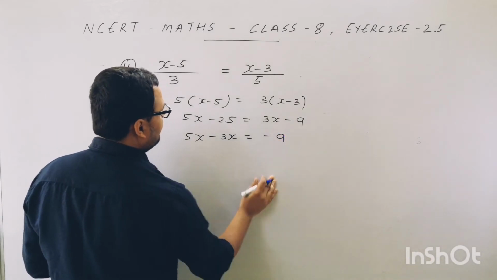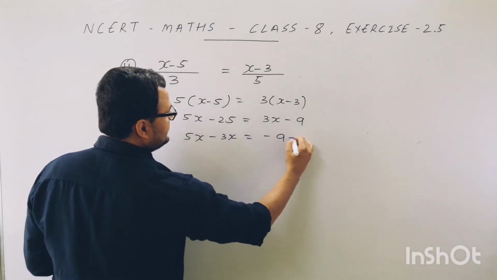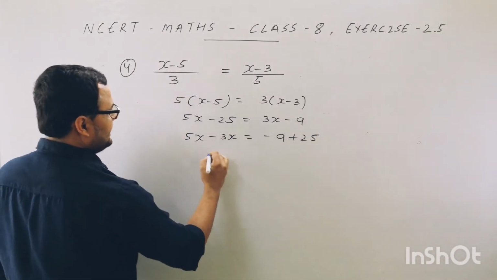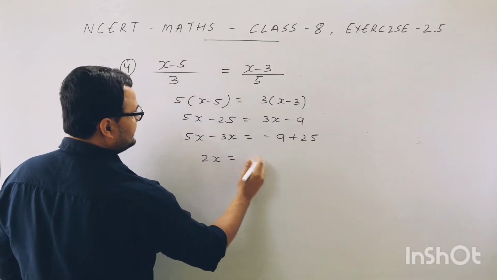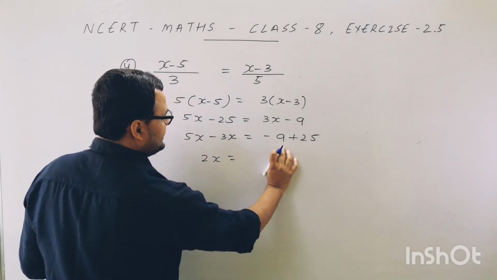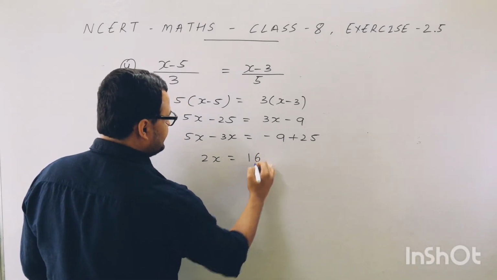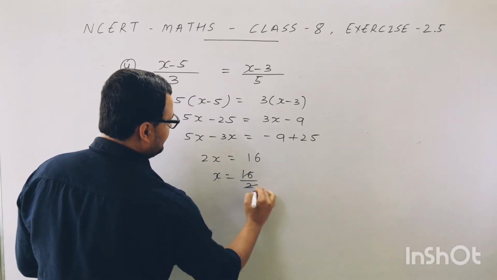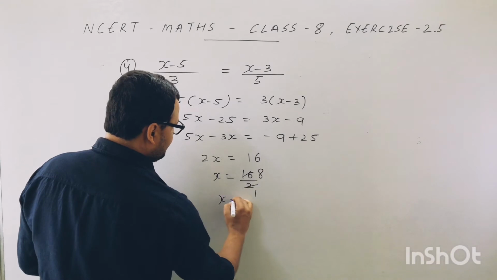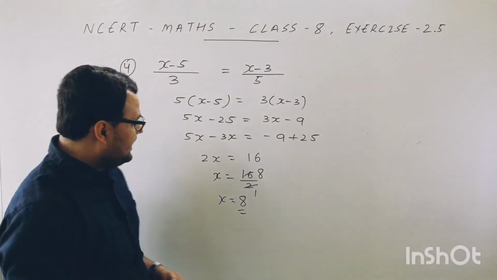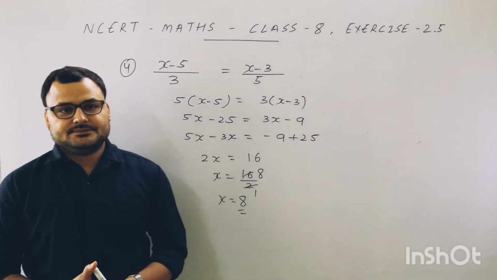Minus 9 we have, minus 25 will come this side, plus 25. 5x minus 3x, I got 2x, and minus 9 plus 25, that is 25 minus 9, so I got 16. So x equals 16 by 2, 2 eights are 16. So x equals 8. For question number 4, the value of x equals 8.